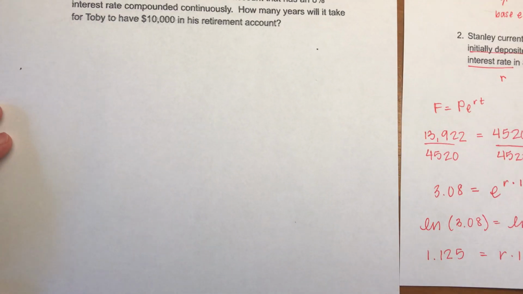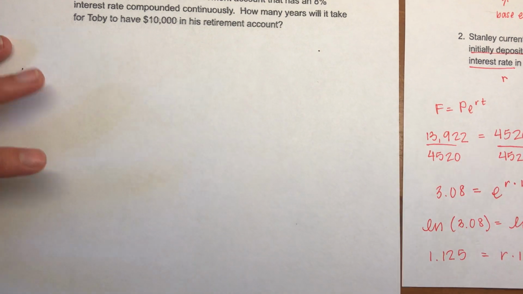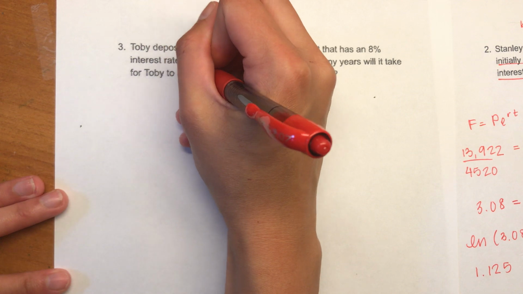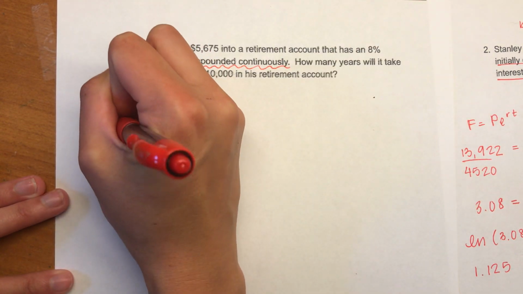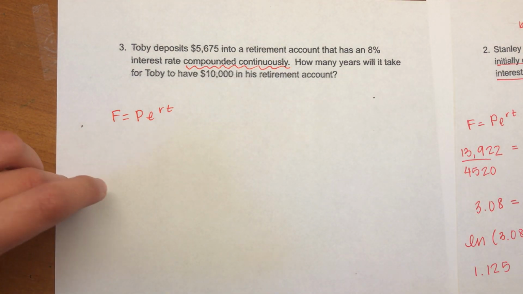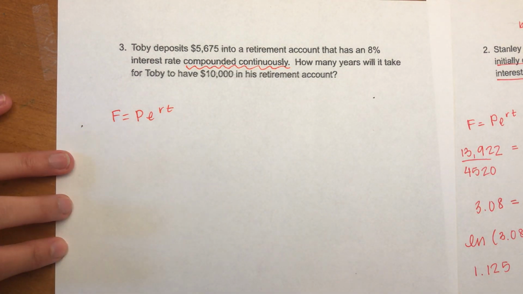Okay, so here we are. This one actually says compounding continuously, so we definitely know that we are using F equals P e to the RT.